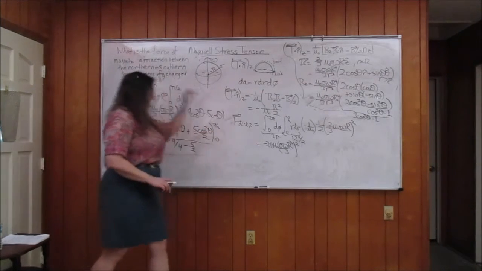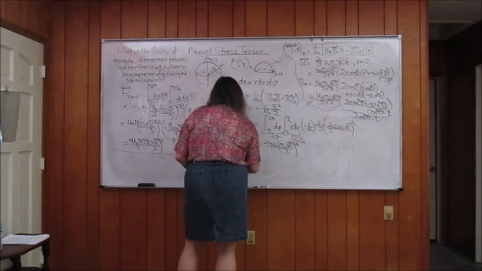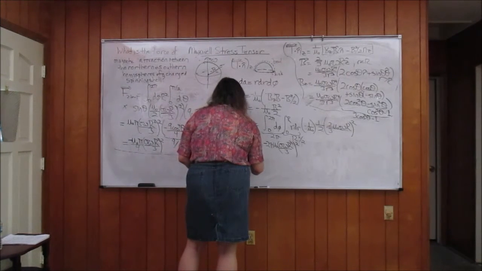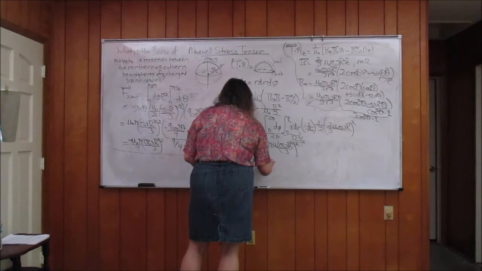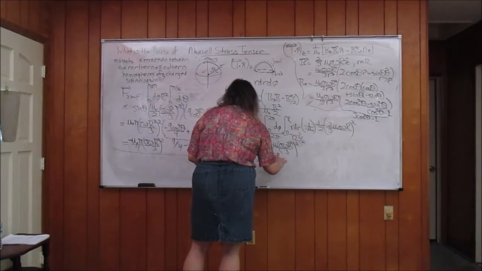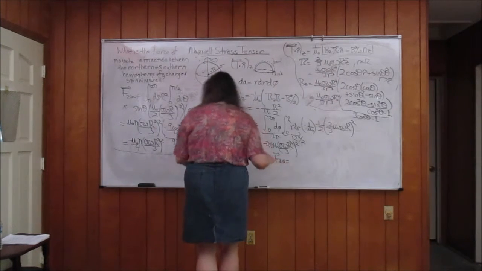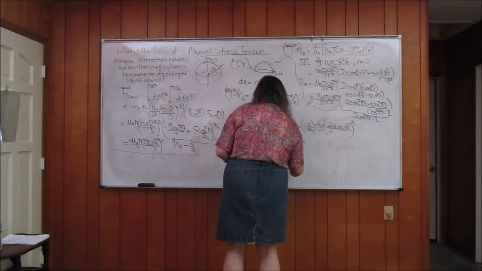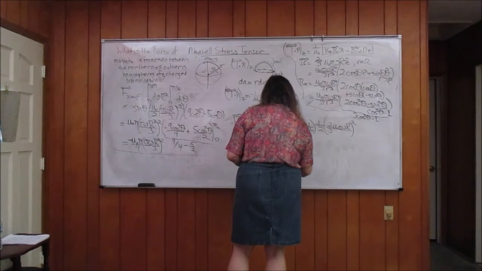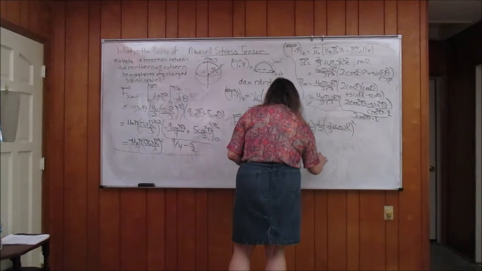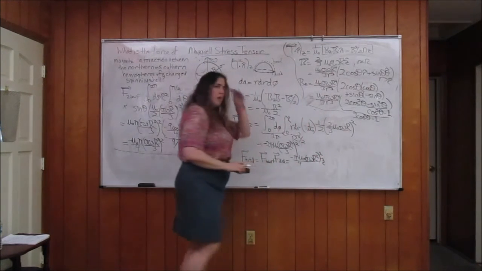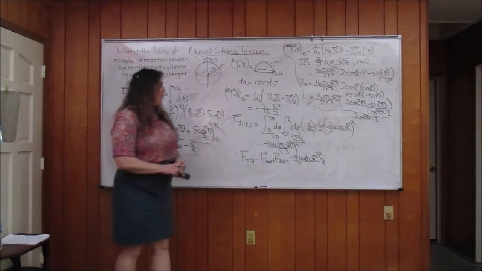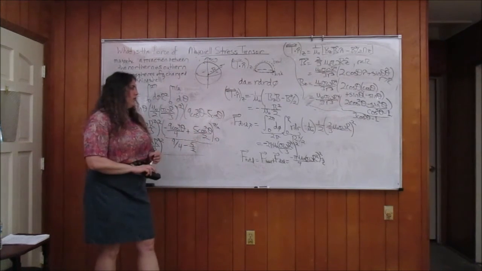If I add this to this, I will get minus pi mu naught over 4 times sigma omega r squared quantity squared in the z direction.